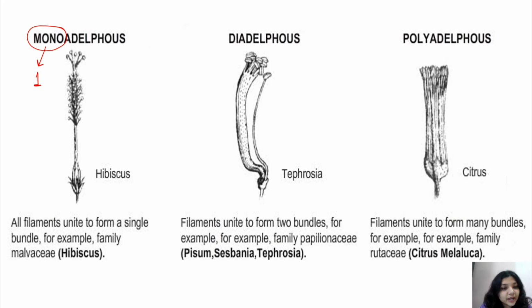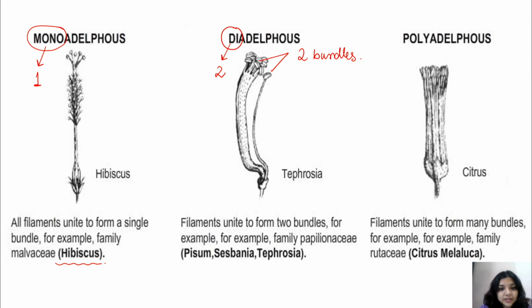The example we find here is the Malvaceae family. Hibiscus is a member of that family. The second category that you have is Diadelphous. So you have di here. What does di mean? Di stands for two. That means here we will be having two bundles, right? Two bundles of what? Two bundles of the filaments.